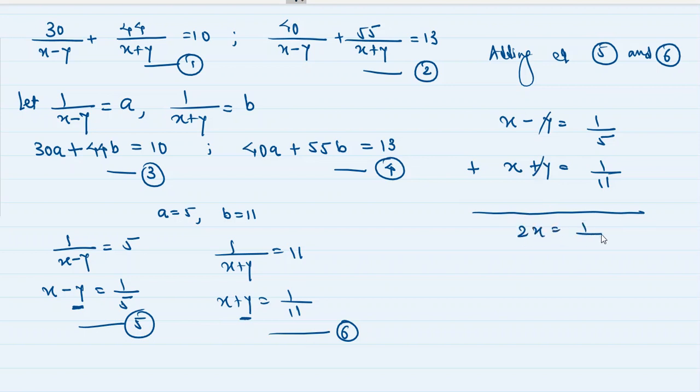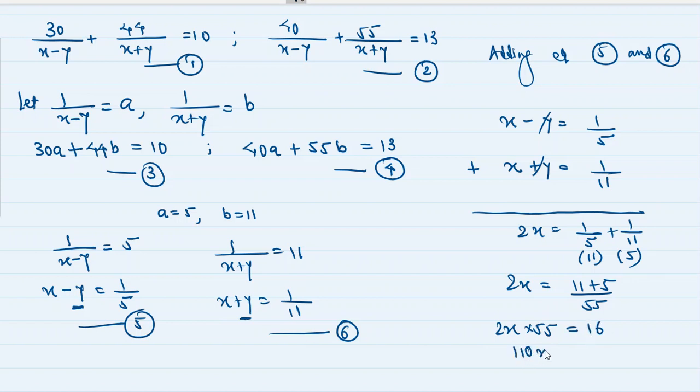2x is equal to 1 upon 5 plus 1 upon 11. So we'll take LCM. This will get multiplied with 11 and this with 5. So 2x is equal to 11 plus 5 upon 55. So 2x multiplied by 55 is equal to 16.